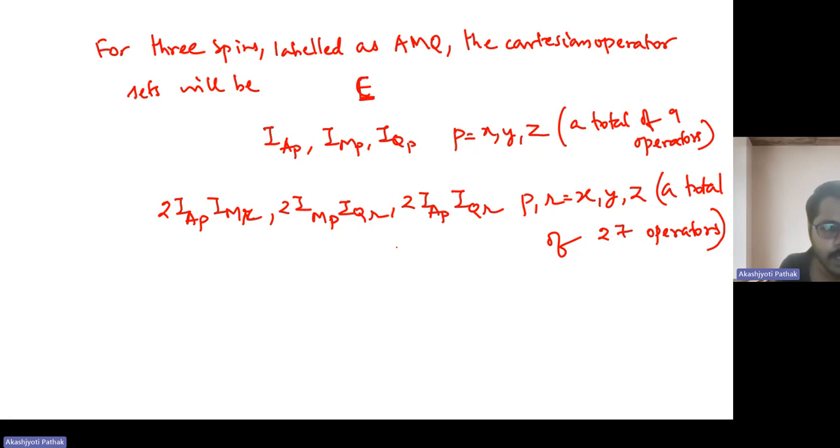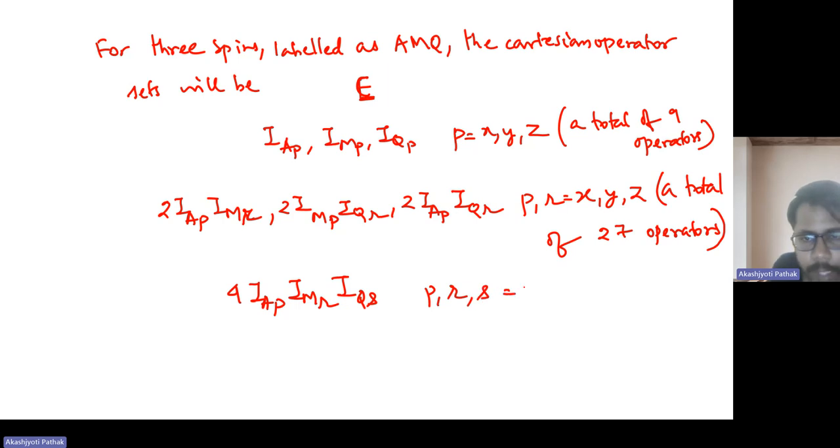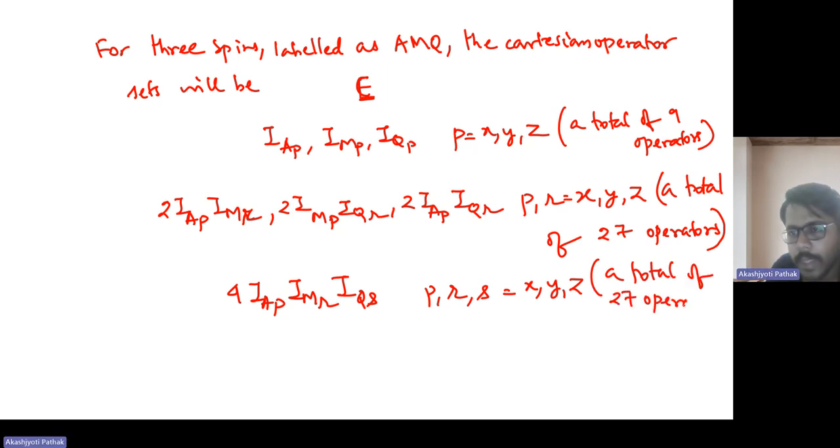And for 4I_AP I_MR I_QS, for P, R and S there will be X, Y, and Z. Here also a total of 27 operators.